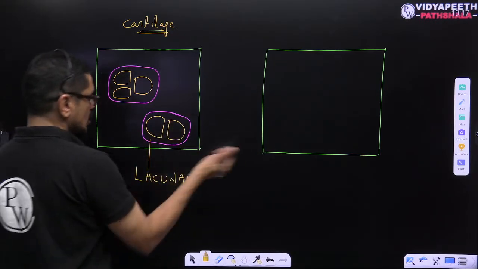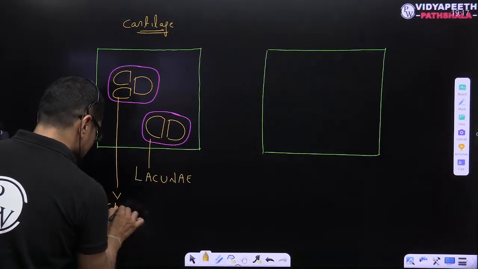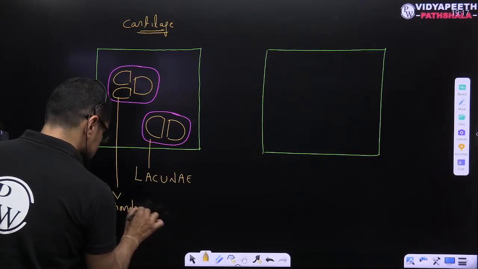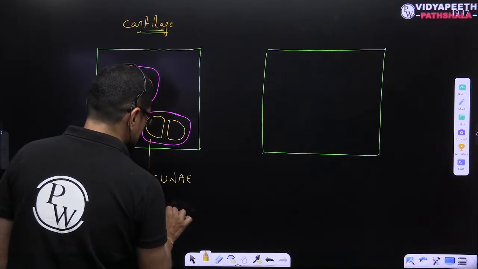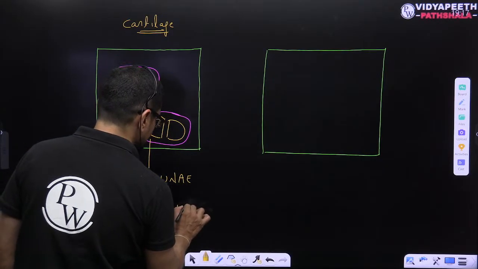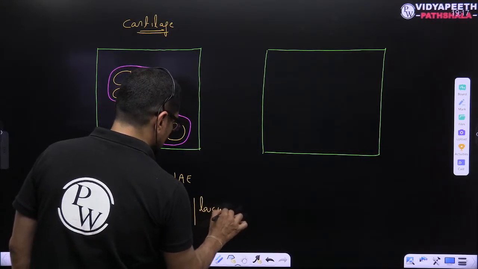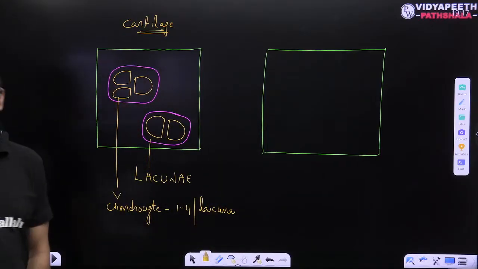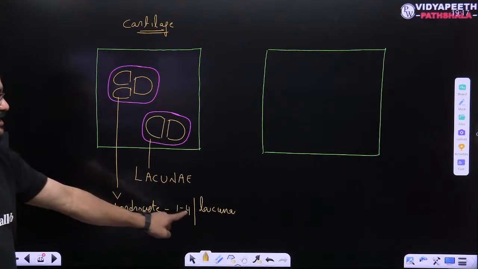You can write them as chondrocytes also. I will write chondrocyte. Why? Because it is inactive. How many chondrocytes are present per one lacuna? 1 to 4 chondrocytes are present per one lacuna.